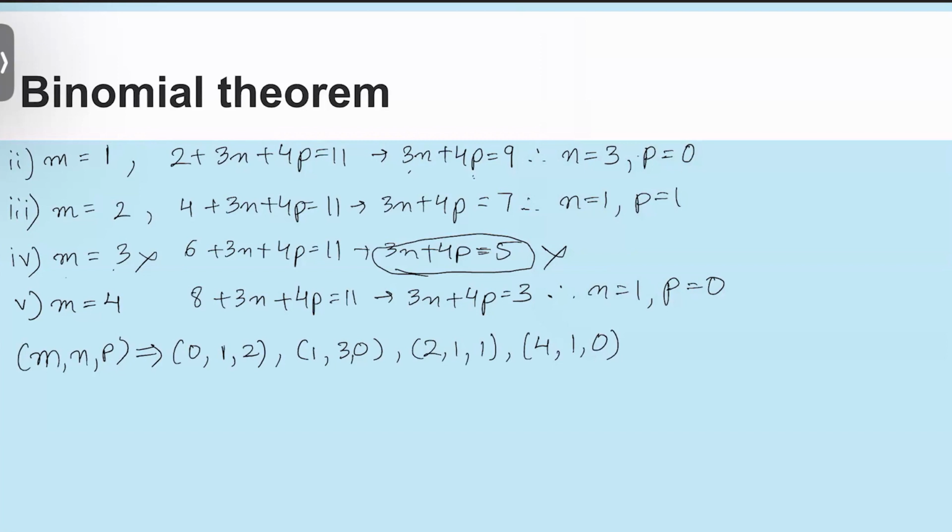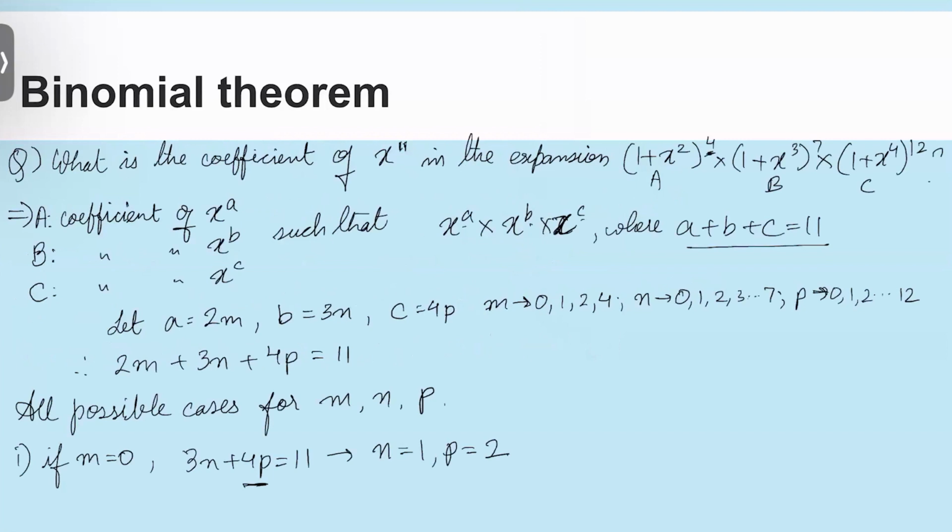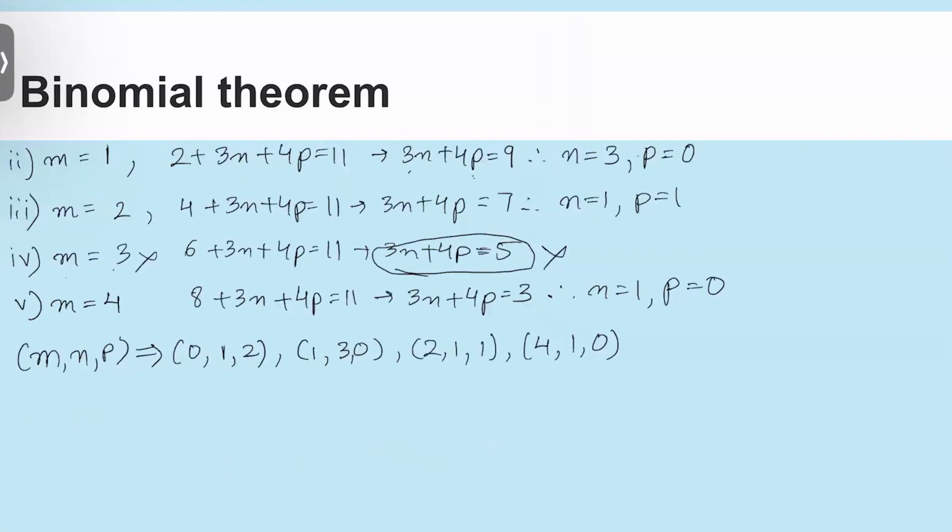Now when you take m, n and p, you can actually find all the coefficients, where m takes some value, n takes some value, and p takes some value. If you take m, n and p as these values, you will get x raised to 11. So the final part is getting the coefficient.